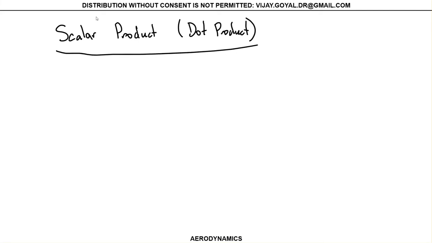Okay, again, this should be more of just a review. But anyways, if I have a vector A and another vector B, then I take the dot product of these, the projection will give me this dot product.